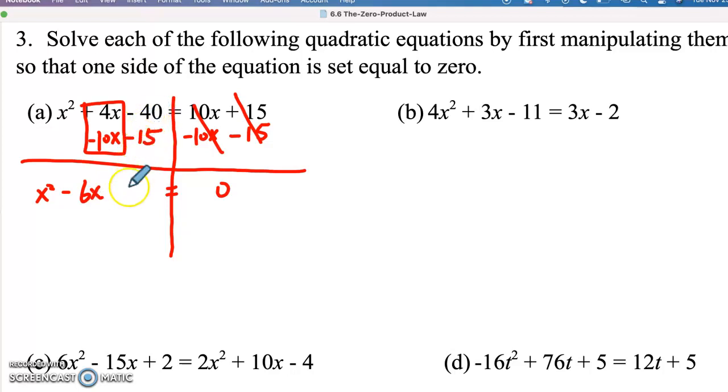Negative 40 minus 15, that gives you negative 55. Alright, now this is your first goal. The second goal, you need to factor that so that you will have a factor multiplied by another factor. In this case, it's going to be binomials, two terms and two terms here. I'm gonna leave it to you guys to complete it. I'm gonna talk about the next question.